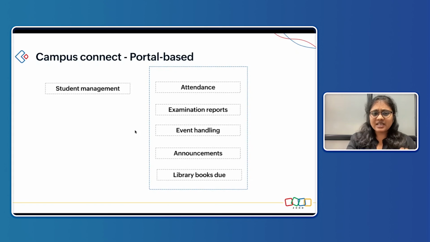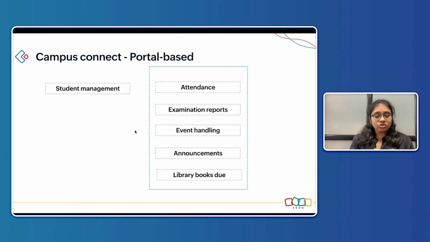Now imagine the same Campus Connect as an external tool, that is, a portal-based application. Let's say the students are going to be available in the institute only for a certain period of time. After that they'll be leaving the institute for higher levels. So for that certain period only, I need to give access to my application to the students. So I can simply give portal access to the students. Once the students leave the institute, I can revoke the portal.